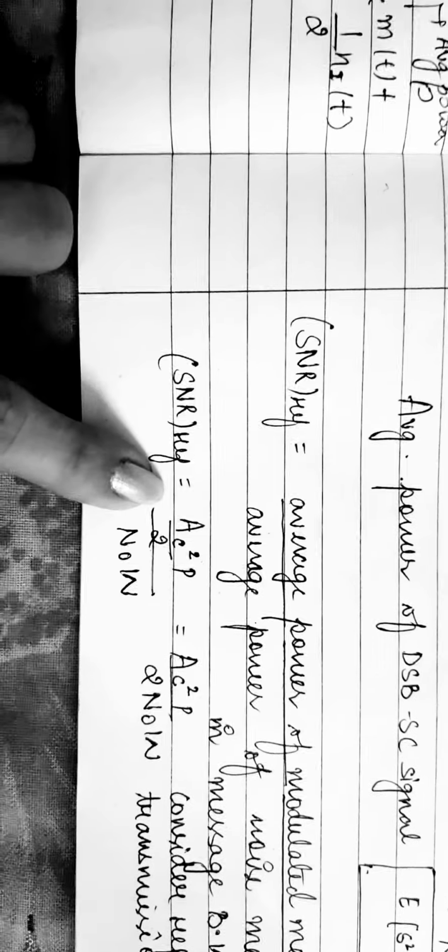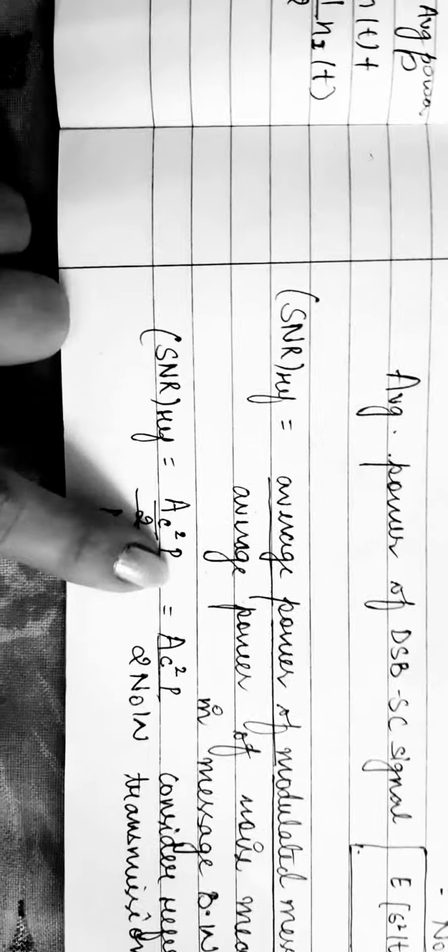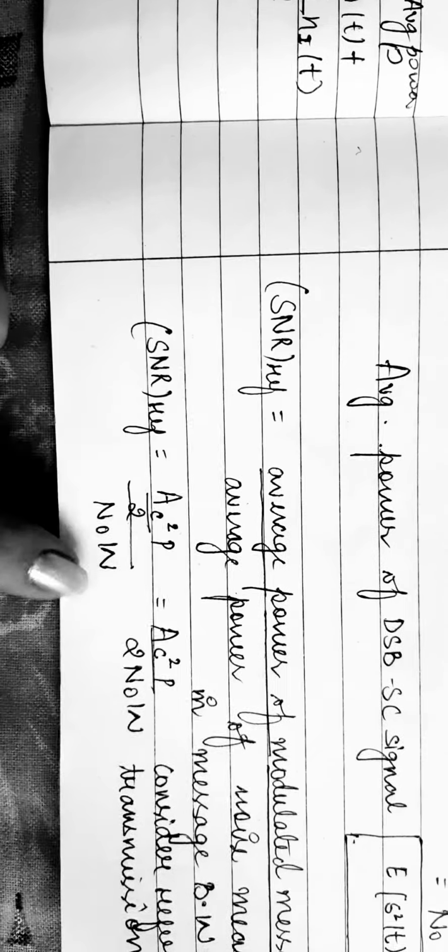From here we can calculate the SNR reference, that is A_c² by 2 into P upon N naught W. From here we get A_c² P upon 2 N naught W. And we know that the SNR output is equal to A_c² P upon 2 N naught W. From here we can calculate the figure of merit.